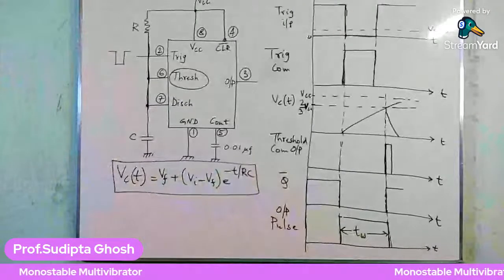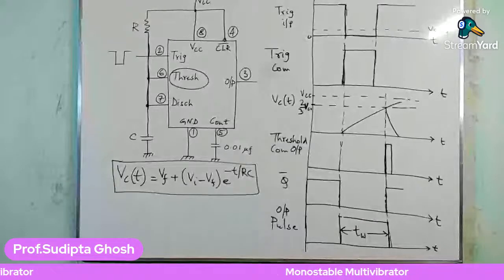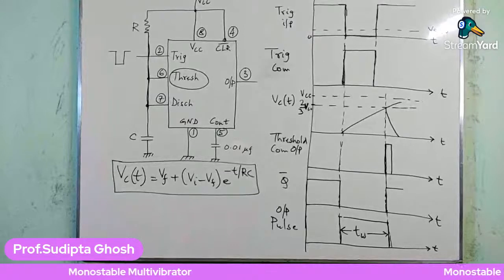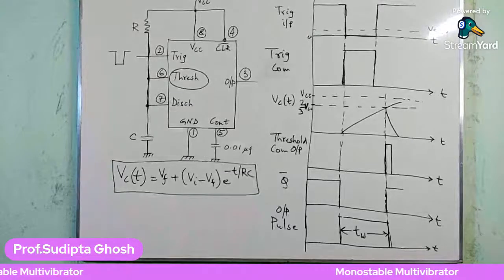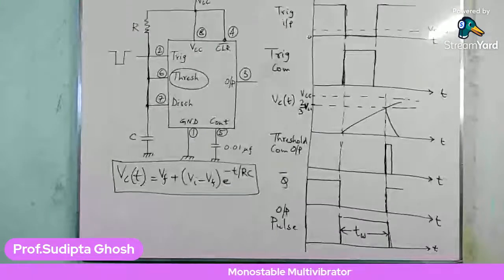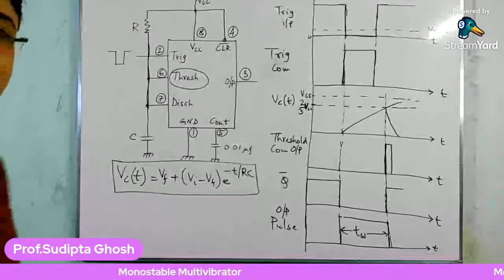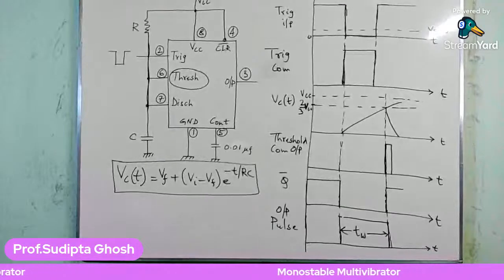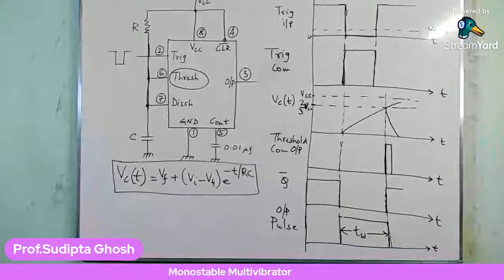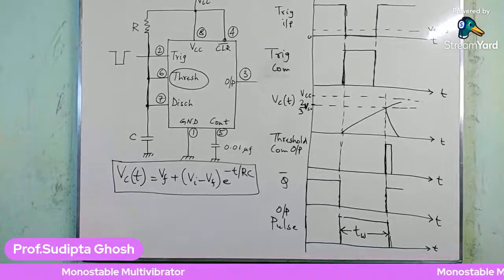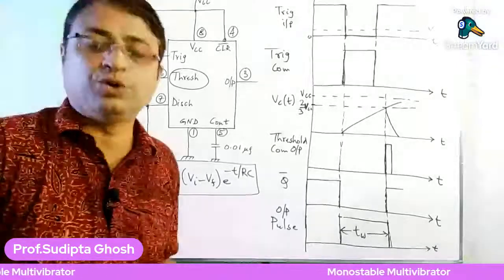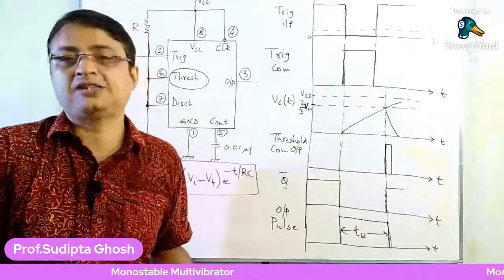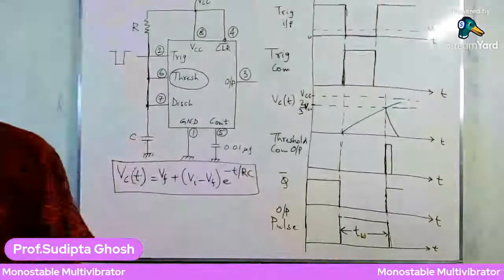So we are going to use this expression where VI is the initial voltage of the capacitor at time t equals 0, and VF is the target voltage to which the capacitor tends to charge, that is VF equals VC at t equals infinity.